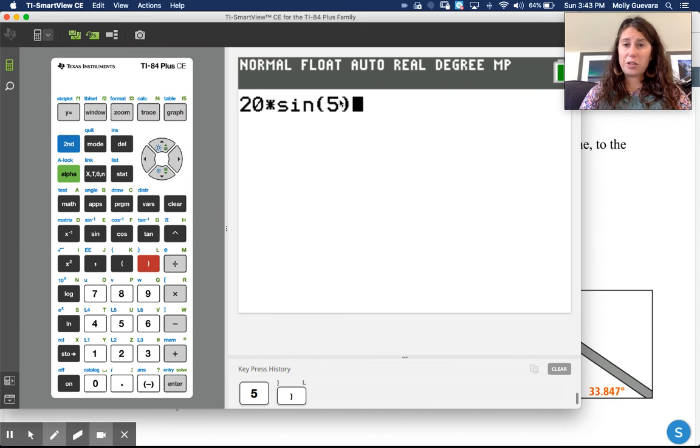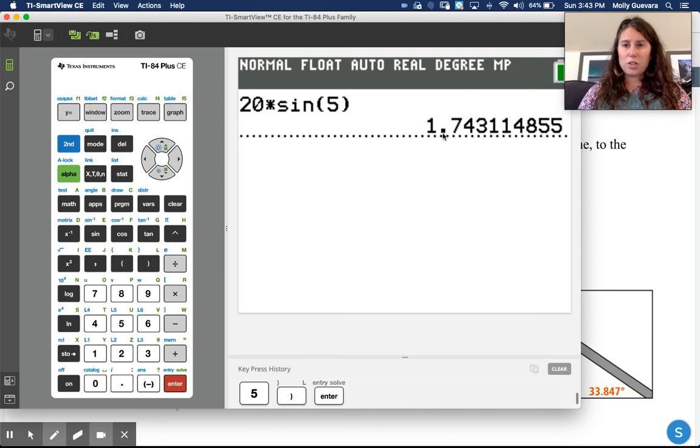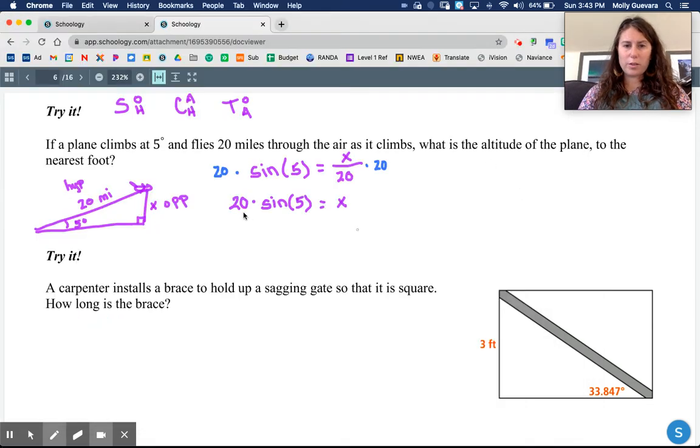I don't have to do the degree symbol because I'm in degree mode. If you're using a blue scientific calculator, sine, cosine, and tangent are buttons on there too. So I get 1.743, so x is about 1.743 miles. But I don't want miles, I want feet.